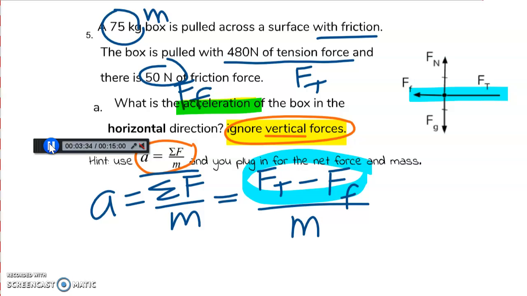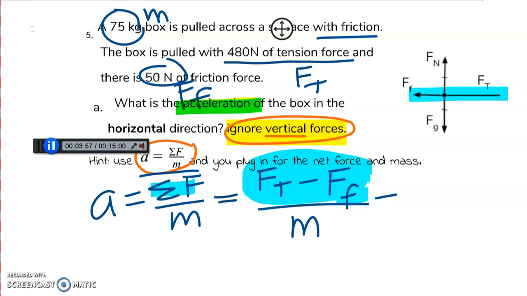Remember when we studied motion, anything going to the right was positive. So when I take the sum of forces, which is what Newton's second law says I should do, it depends on which direction each force is going. I'm adding up forces, but taking into account which one's positive and which one's negative. So from here, I can start to plug in numbers.